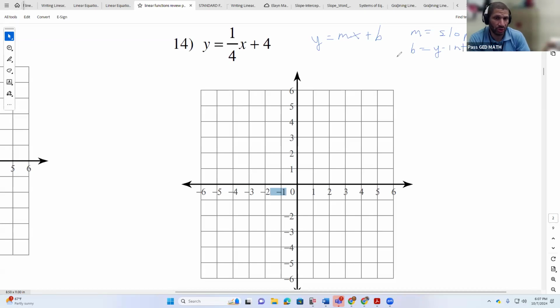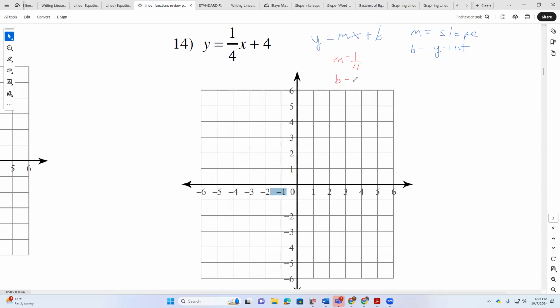So if I asked you what the slope is, what would you say? 1/4. Perfect. Okay. What's the y-intercept? 4. Yeah, plus 4. So that's the two most important things you need to find an equation of a line and to graph a line. You need the slope and you need the y-intercept, right?